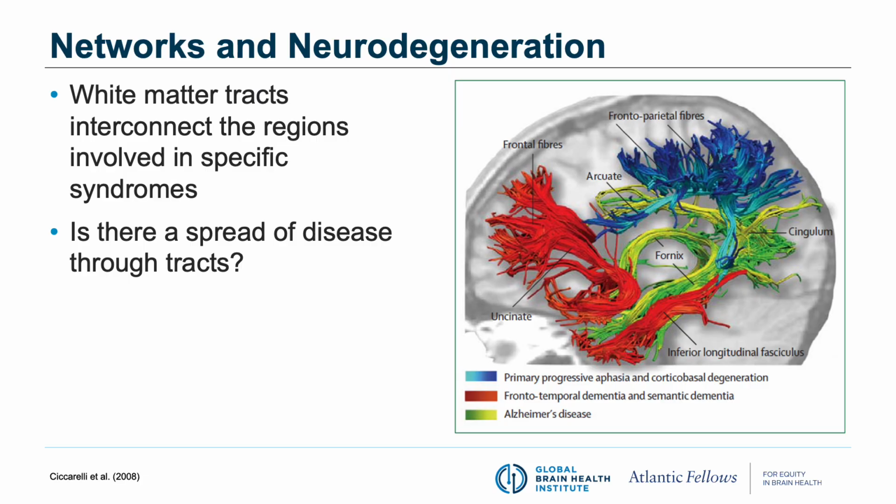So now we're going back to an image made from diffusion imaging, and you can see that there are frontal regions like this uncinate fasciculus shown in red. The connections within that uncinate fasciculus are a potential vehicle for transfer of toxic proteins, for example, between different parts of the network that degenerates in frontotemporal degeneration.